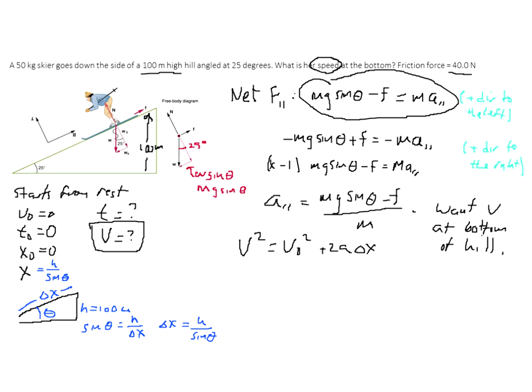And in this case, we know that v initial is equal to 0. So let's just plug in. So v squared is equal to 2 times a, which is mg sine theta minus f over m. So that's the a, and then delta x is h over sine theta, where h equals 100 meters.